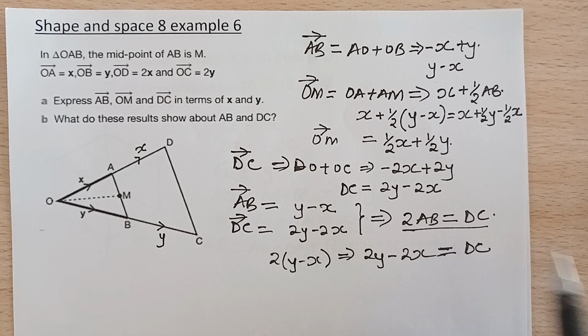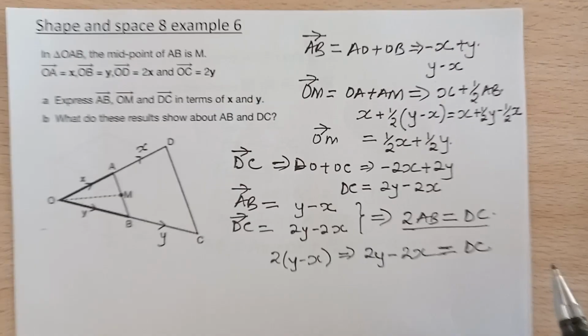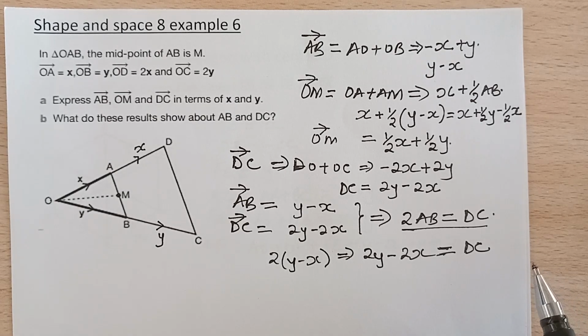When we say expressing them as a scalar multiple of each other, we mean that one vector can numerically be explained to be equal to the other vector. It is a multiple of each other. And that scalar can be a whole number, it can be a fraction, it can be anything. But so long as the two vectors can be expressed in terms of one another, that is how we say we are expressing the vectors as scalar multiples of each other.